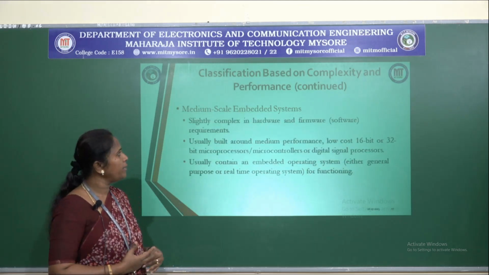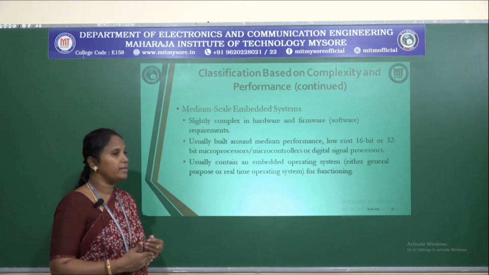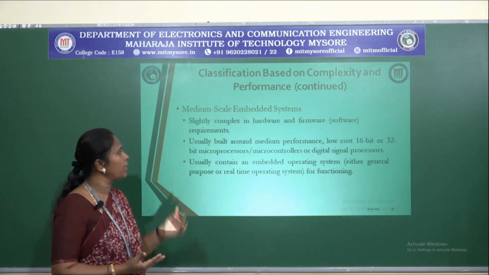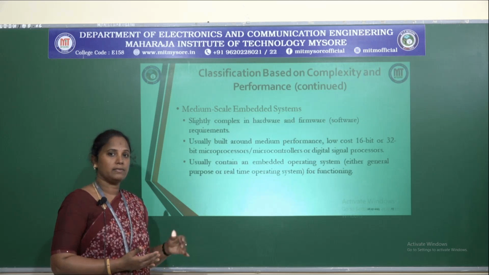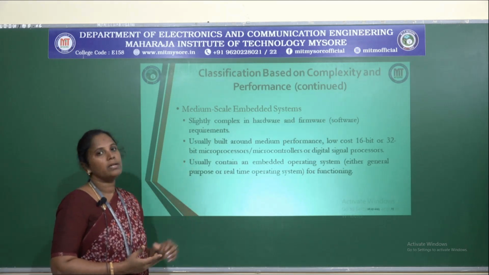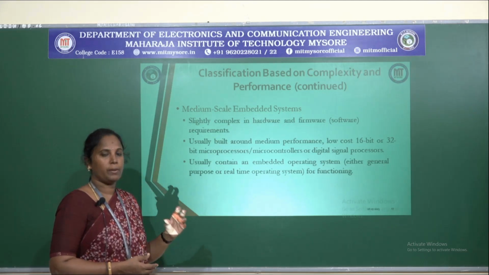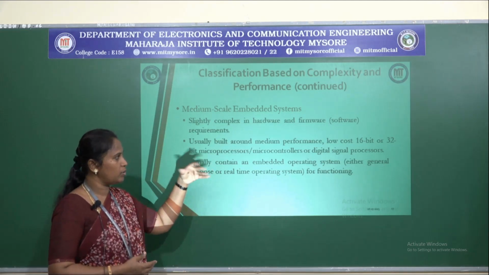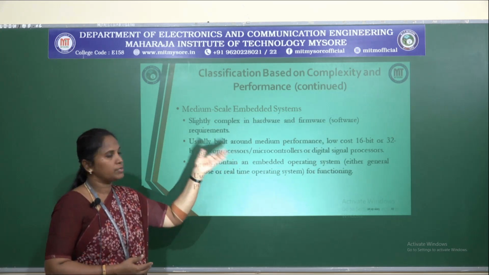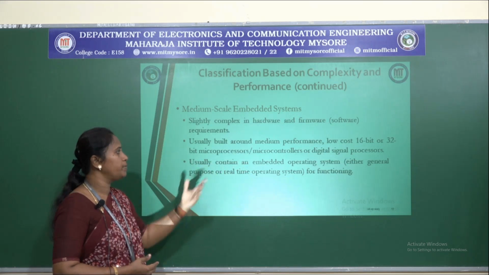The next is the medium scale embedded system. Here we have increased complexity in hardware and software. Why has the complexity increased? Because the number of bits we use for processing instructions has also increased, from 8-bit to 16-bit, or it could use 32-bit.